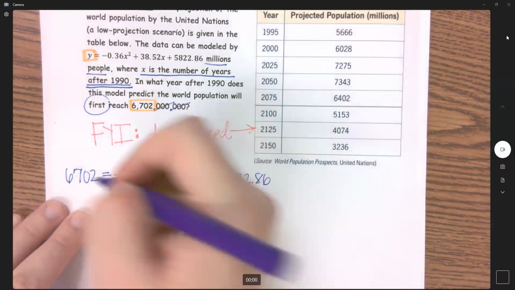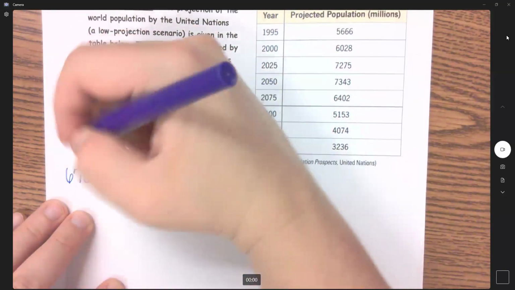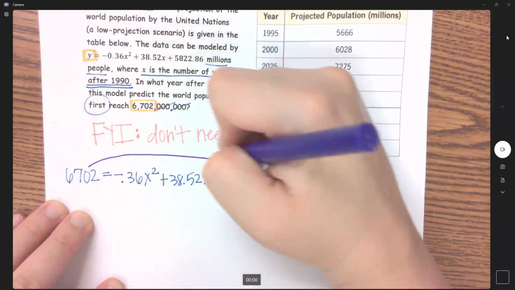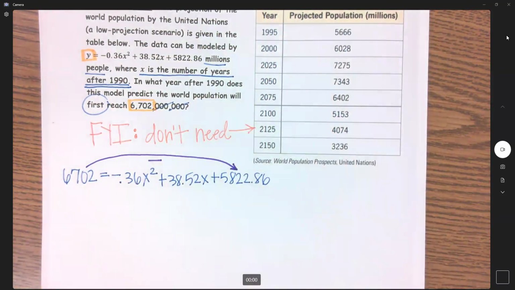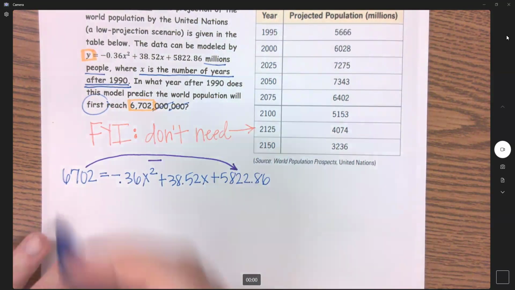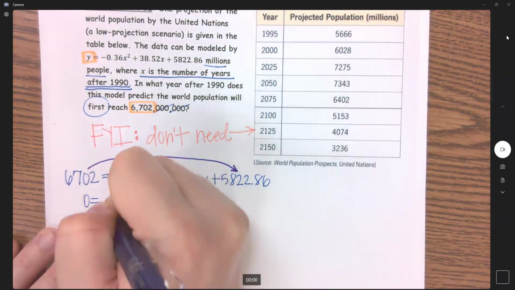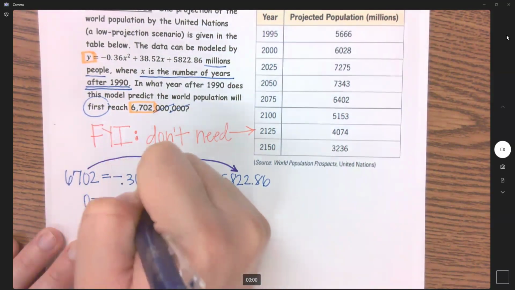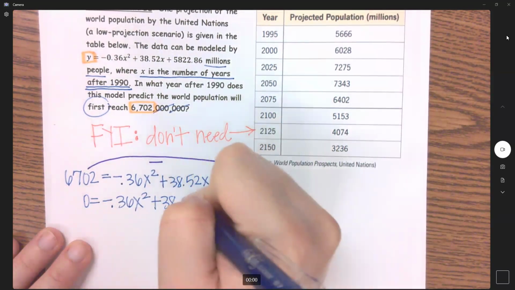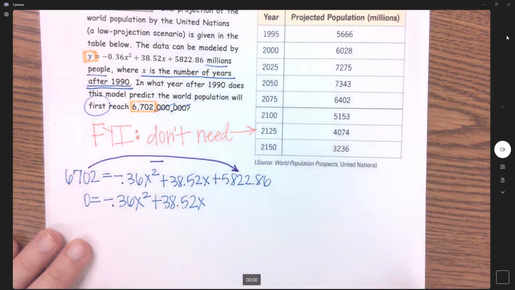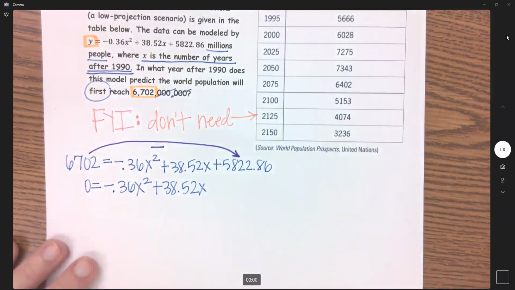So I am going to get 0 equals negative 0.36x squared plus 38.52x.